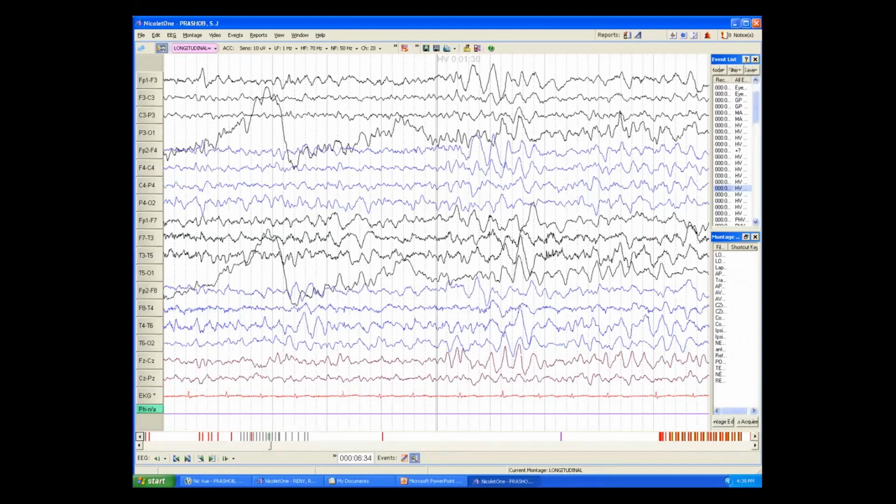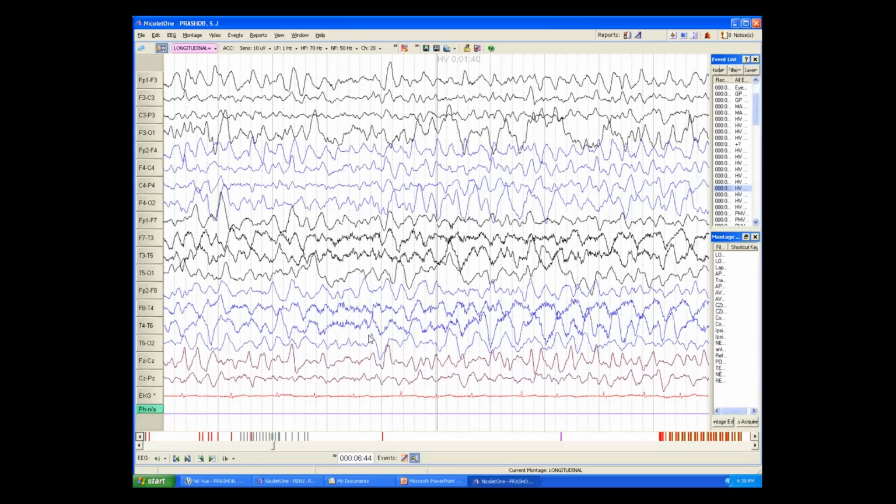Now it is 1 minute and 30 seconds. Now we can see the burst of the slow wave activities which are seen diffusely, more in the frontal region. It's actually generalized slow wave discharges which are seen here, and these are all post HV. During HV you can see this diffuse delta activity, which is a normal phenomenon.